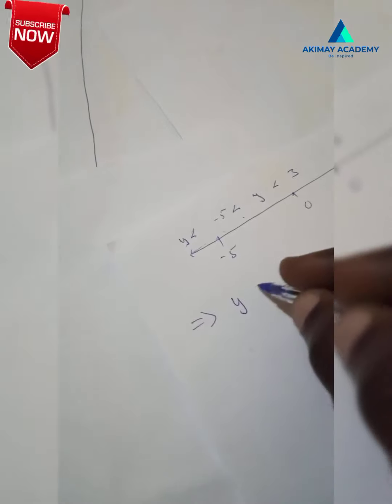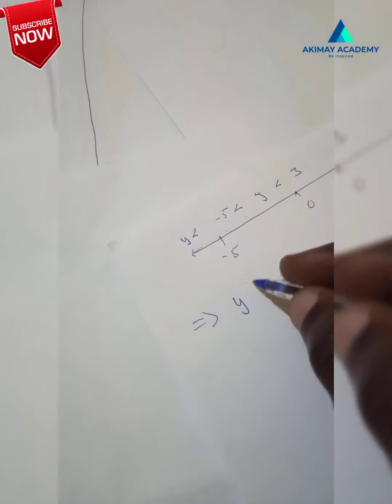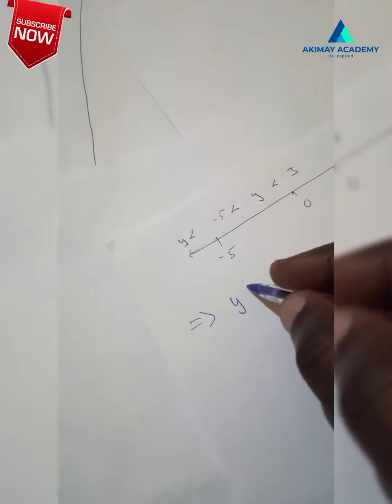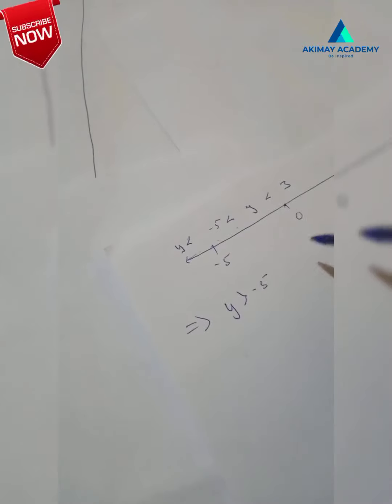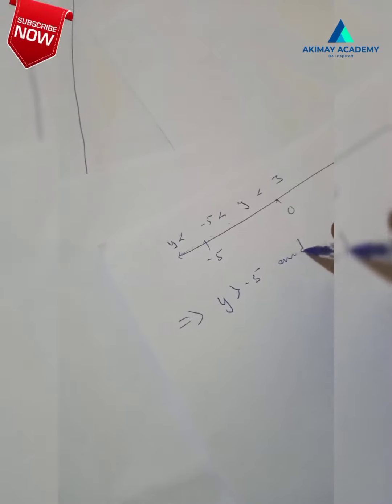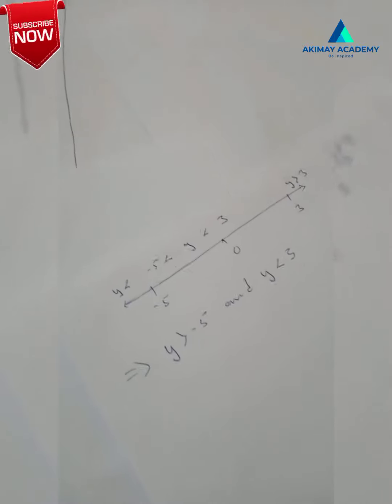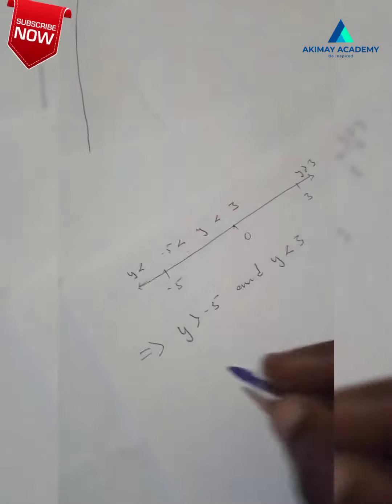So meaning that y greater than minus 5 and y less than 3 is the range which will not satisfy the equation.